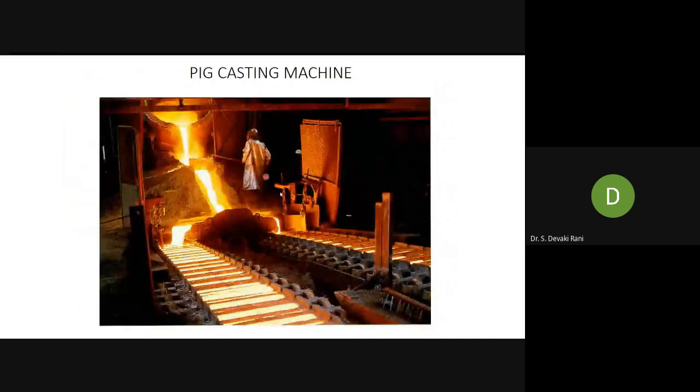Now I was telling you about hot metal disposal. Pig iron can be taken to the foundries for casting. It can be taken to the steel plant. If they are casting it, this is a pig casting machine. So this is the ladle.